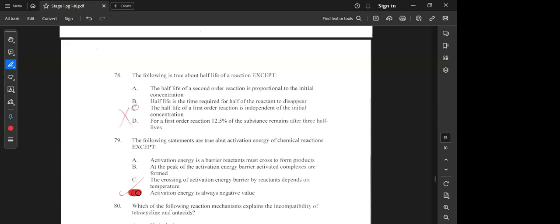That means when you started drinking, your concentration was 100. After 4 hours, it will be 50. After another 4 hours, it will be 25%. So in zero order, a constant amount; in first order, a constant fraction or percentage of a substance is being eliminated per unit time.